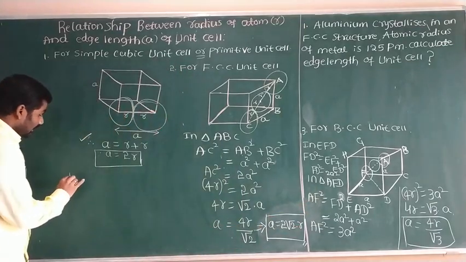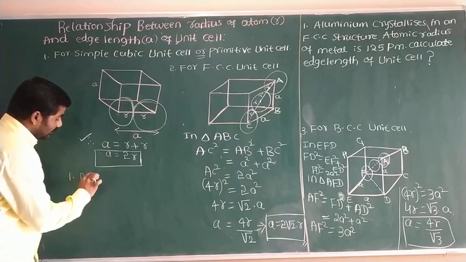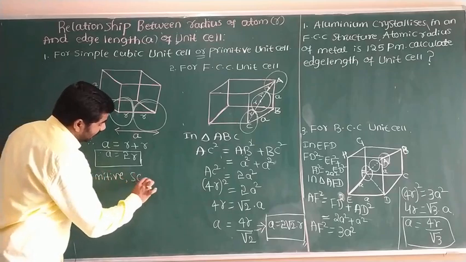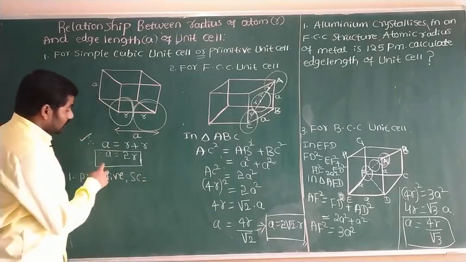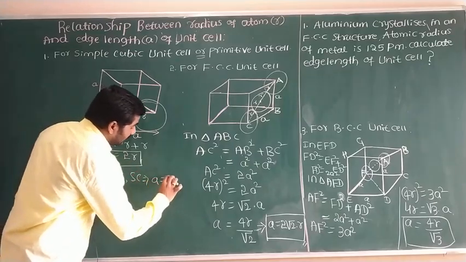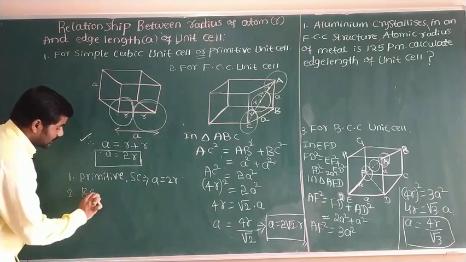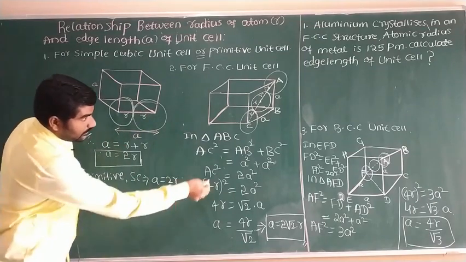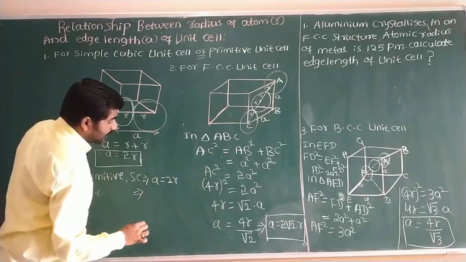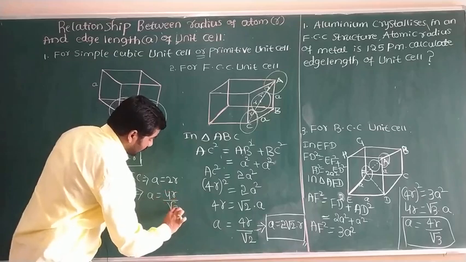So what is the relationship between edge length and radius R for the primitive unit cell or the simple cubic unit cell? The relationship between edge length and radius: A equals 2R. Similarly, for the BCC unit cell, the relationship between edge length and radius R is A equals 4R by root 3.